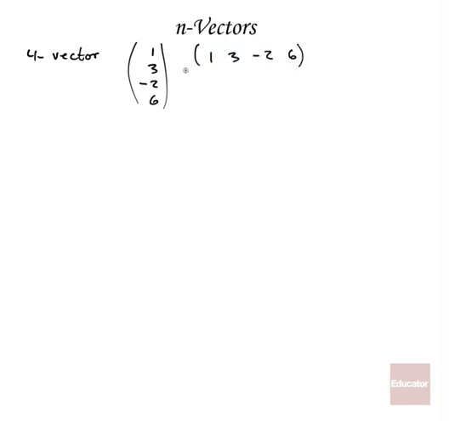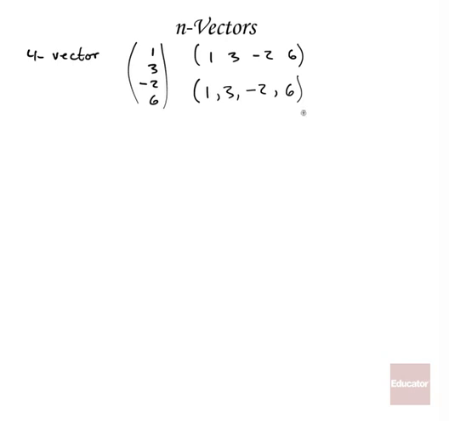It really doesn't matter. Later on, it will make a difference depending on how we want to arrange it, because we're going to be multiplying these things by matrices. So sometimes we want it this way, sometimes we want it that way. Another representation is regular coordinate representation, x, y, z, and so on. So I could also write this as (1, 3, -2, 6). They all mean the same thing. It just depends on what you're doing.